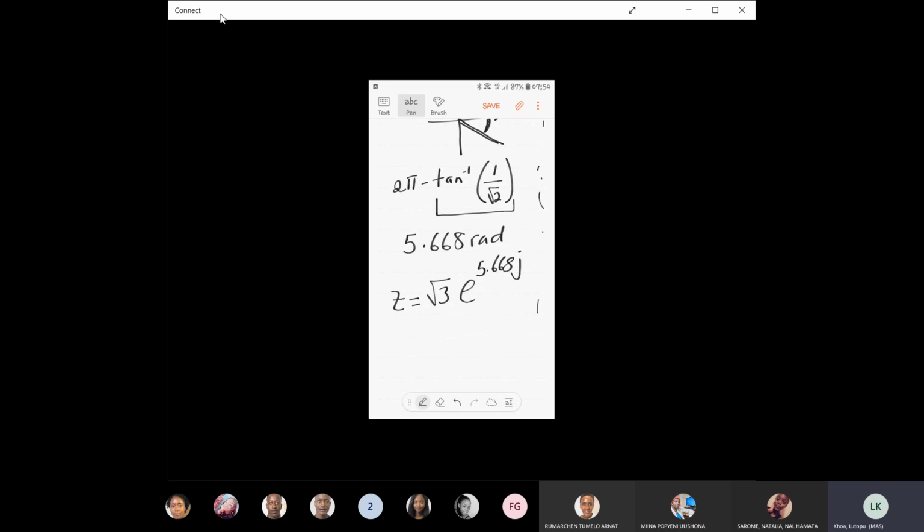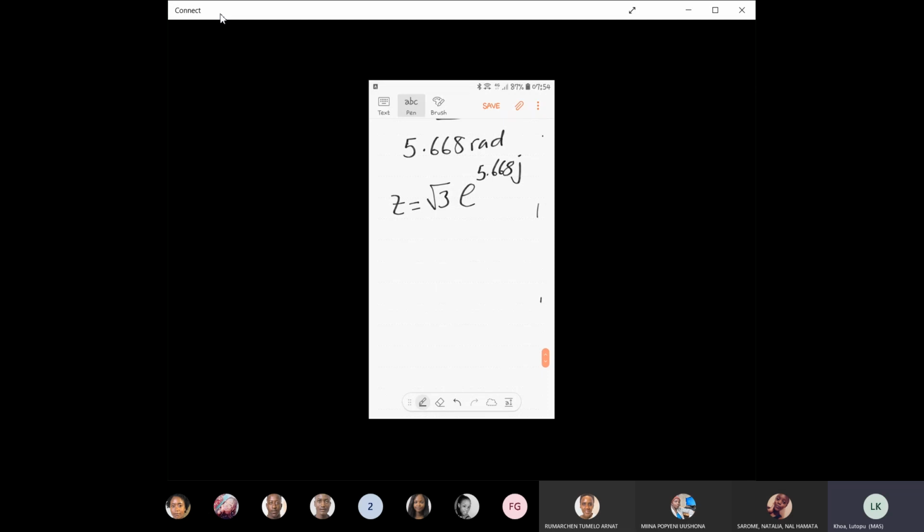Very simple to do, not very complicated when you have to change between any of the forms. Let's see, another one in rectangular. This is minus 1 minus j.